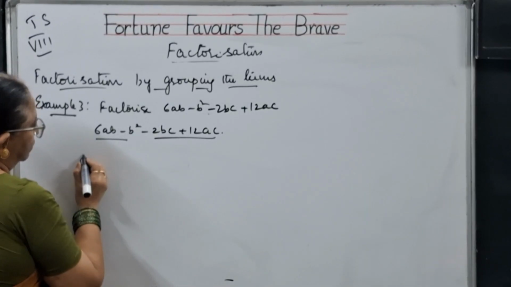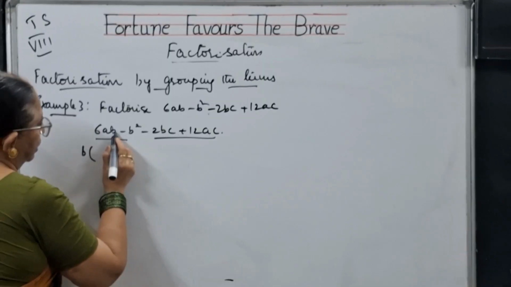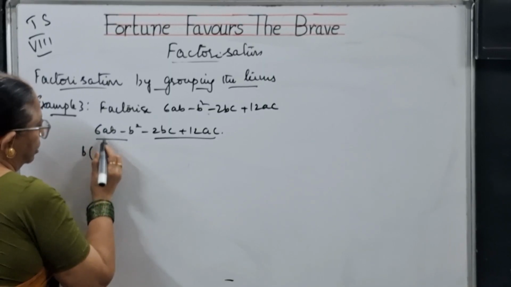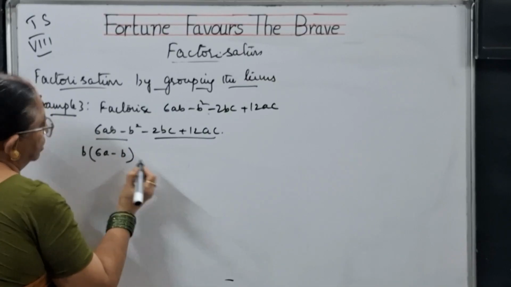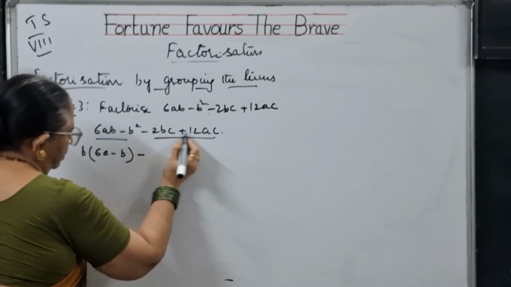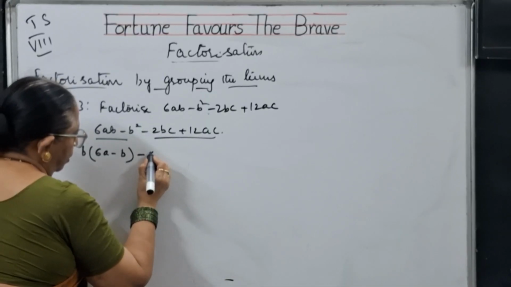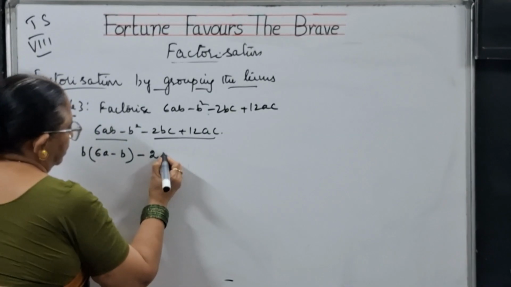In this, what is common? b is common. So when you take b as common, what are you getting here, children? 6a minus b. Minus, in these two, common is 2c.